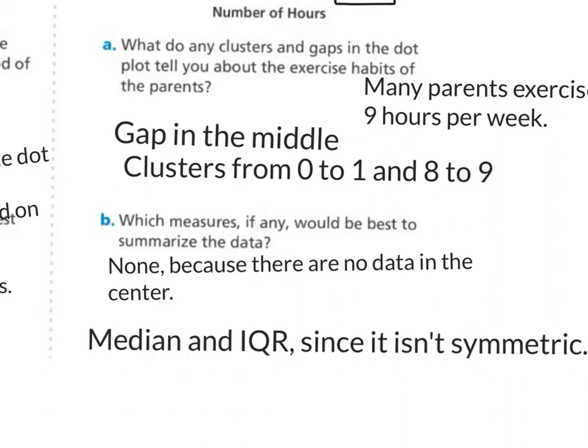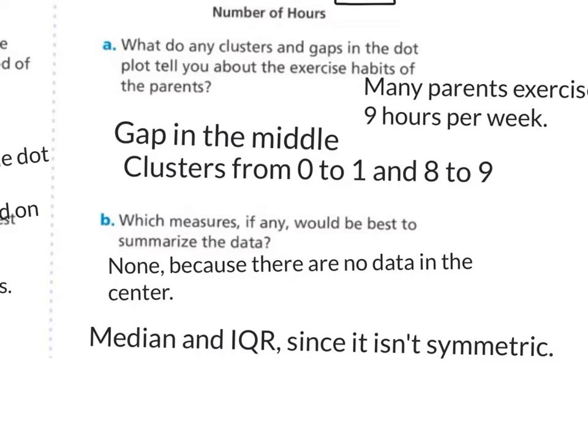Okay, so obviously you don't give both of these answers, but one or the other, probably either one of these answers would be acceptable. Technically, the second option is really what the book kind of guides us to do. Not symmetric, let's use the median and IQR. Again, mean and median, though, are measures of center, so if we don't really have anything in the middle, we've got all this extreme stuff happening.